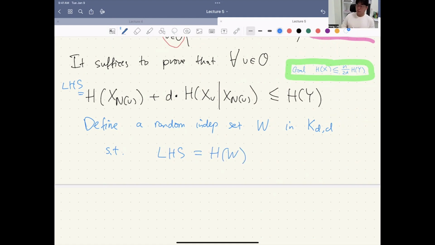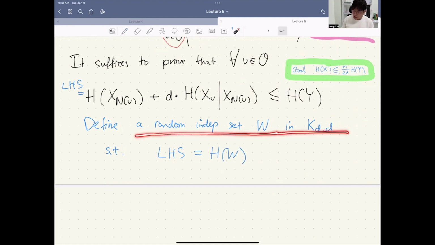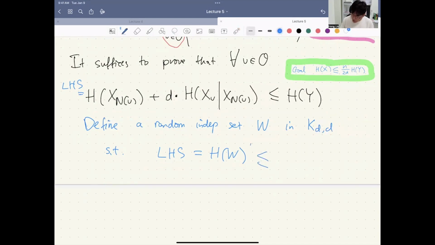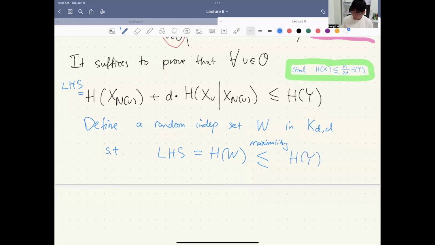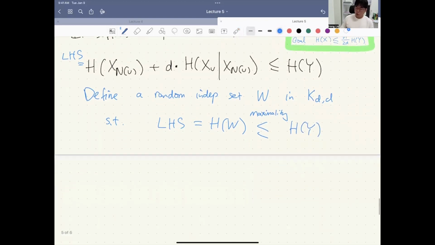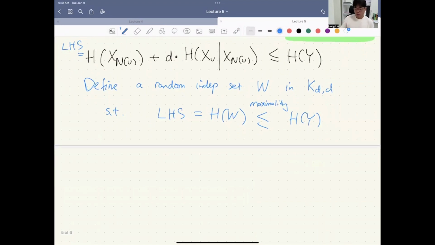We're going to define a random independent set in K_{D,D} whose entropy equals the left-hand side. Then we are done, because by maximality, the entropy of a random independent set in K_{D,D} is maximized when it's uniformly distributed, which is Y.